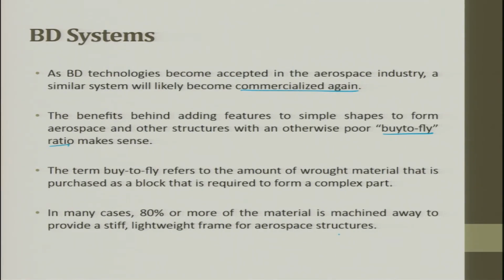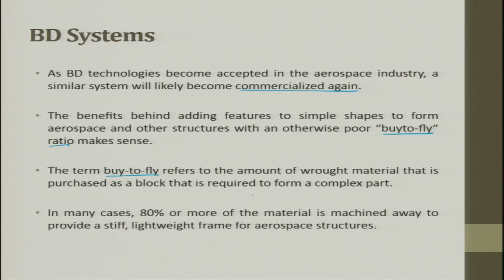So, now what is happening? Very complex geometry can be easily made using this LENS process or this beam delivery process, direct metal. Now you can see GE or Airbus claiming they have reduced the weight of the machine by 30%. They have ramped up their production rate by 30% because of these rapid manufacturing machines coming into existence.